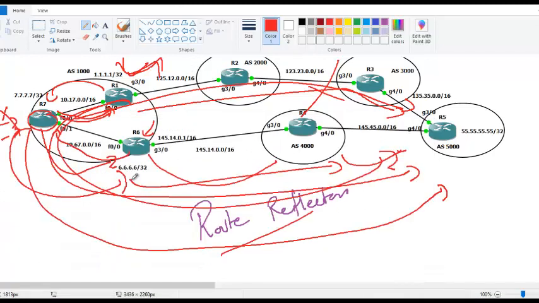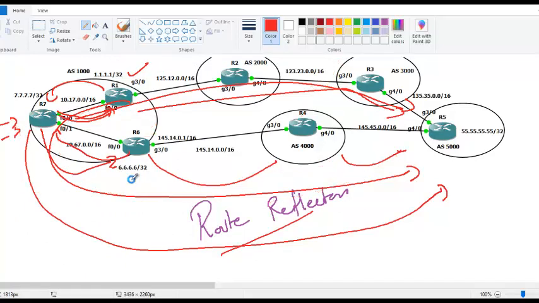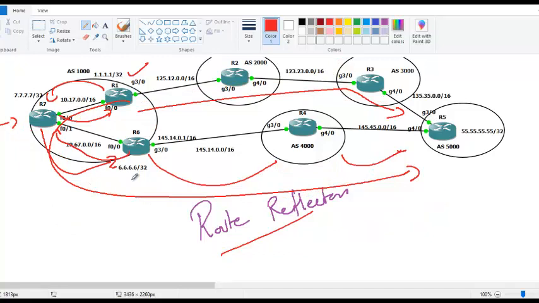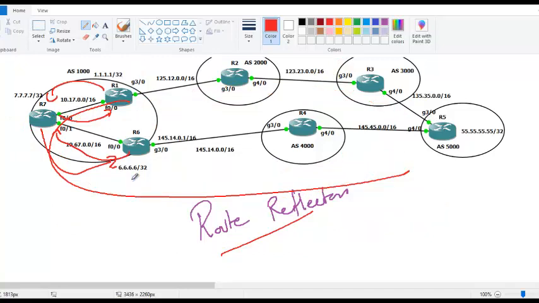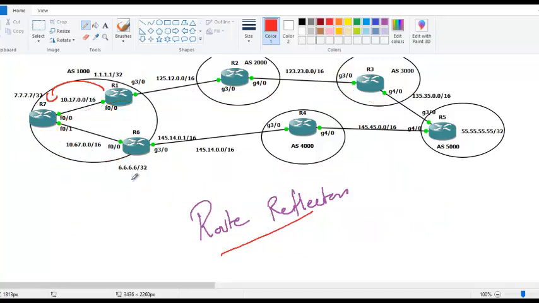The only router who knows that long route is R1. R1 knows about both the routes, and R1 has filtered the route via R2 because it's a long route. As a result, R7 and R6 do not know about that route.